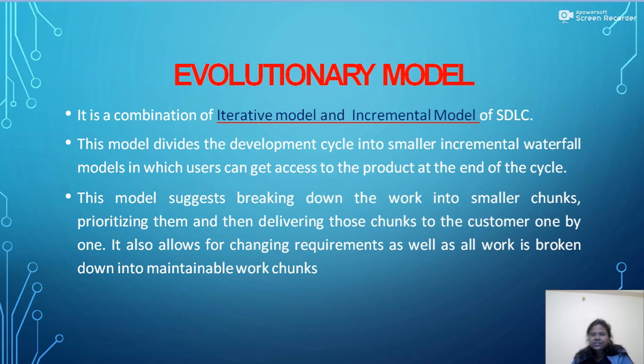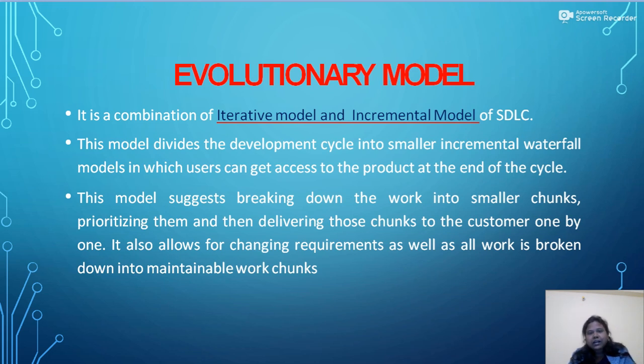First of all, let's get a brief idea about the evolutionary model. The evolutionary model is a combination of the iterative model and the incremental model. I hope you all have an idea about the iterative model and incremental model, because in previous classes we have covered these models.